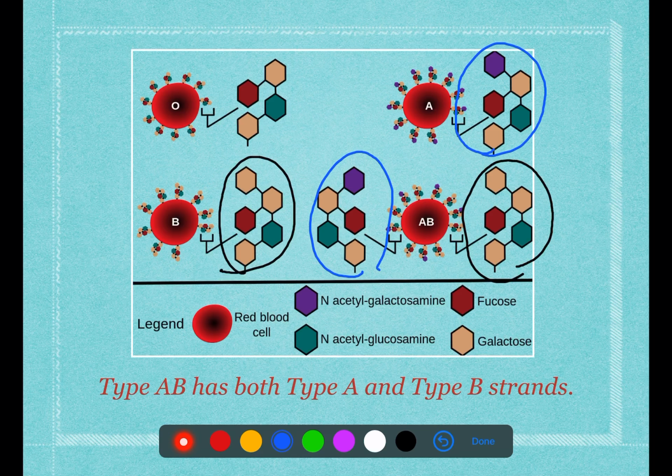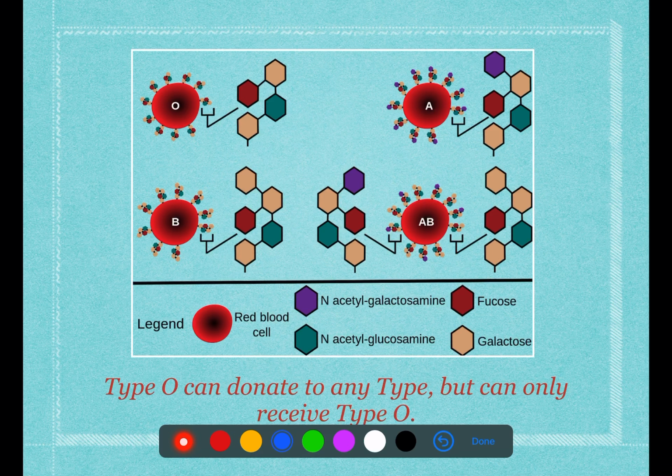And when we're talking about donating or receiving blood from one human to another, we have to think about the compatibility of these carbohydrates that are attached to the surface of the cell. And basically, our body doesn't want to see a different pattern than what already exists on our current red blood cells.